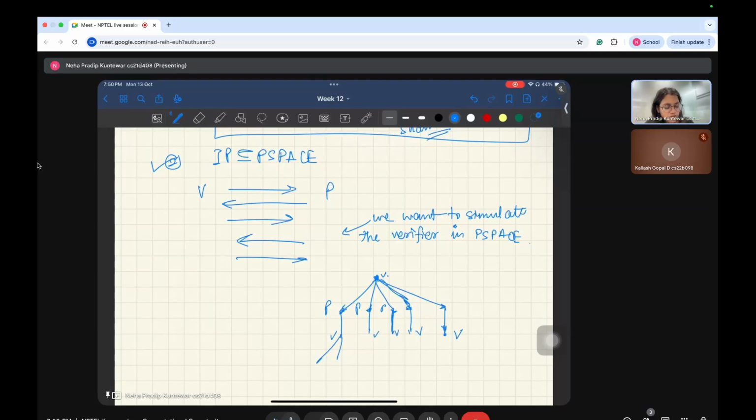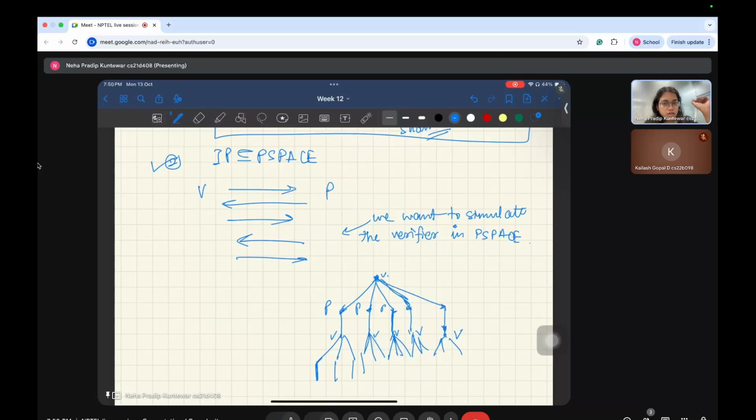Based on that, the prover could again have several responses, after which the verifier has a single query to ask. So the branching in this tree happens only from the prover's side.